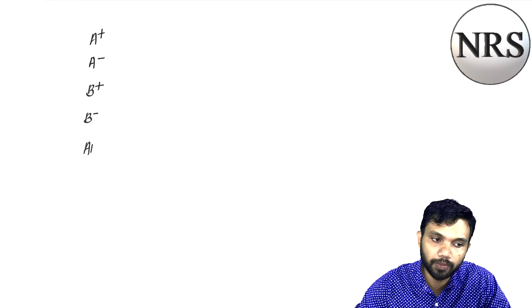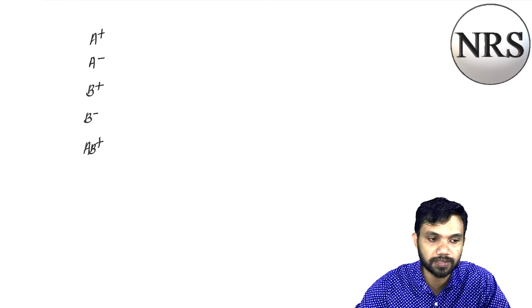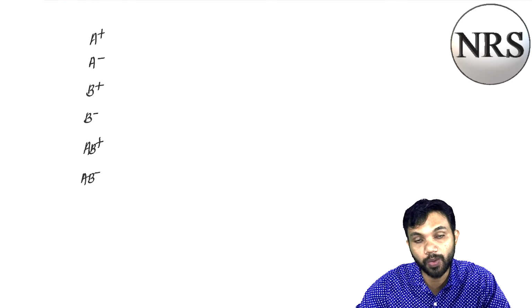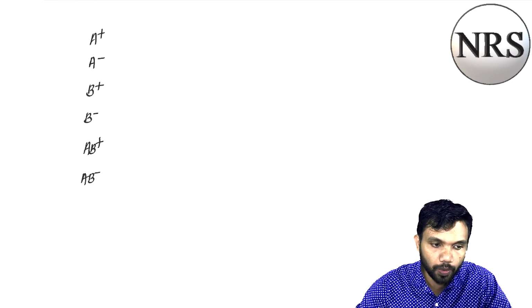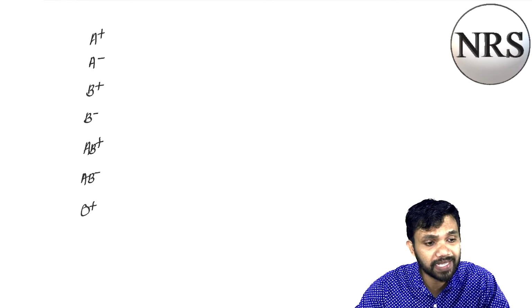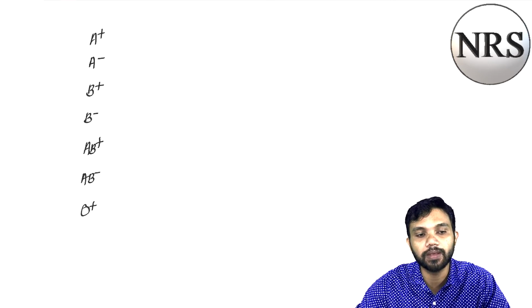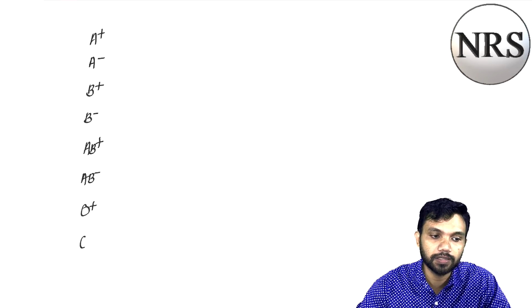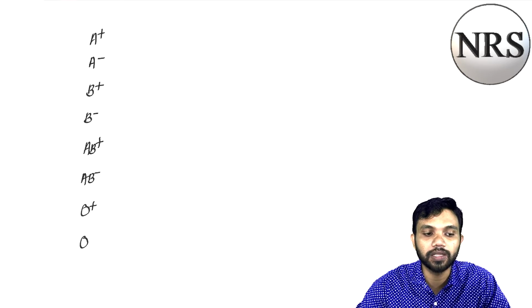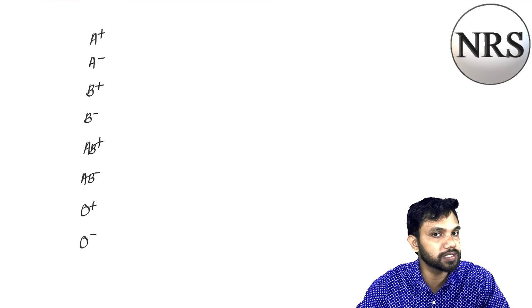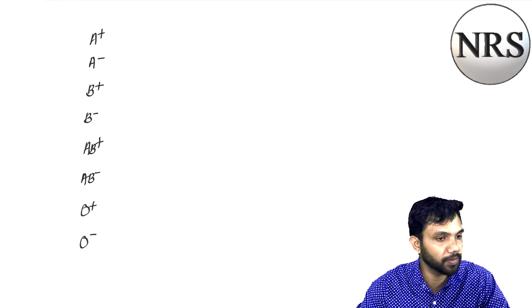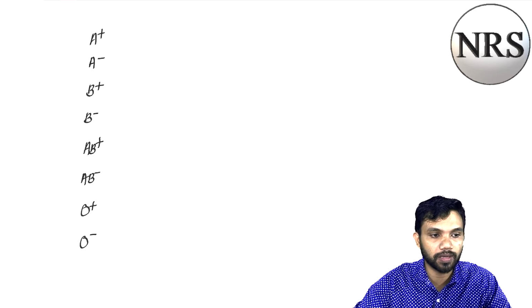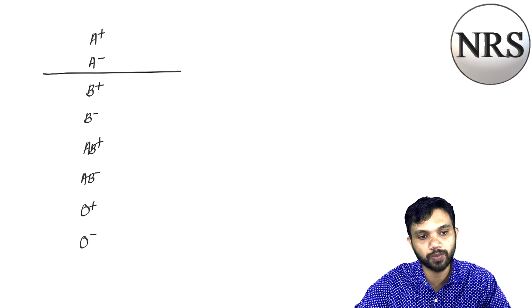AB positive, having RH antigen, AB negative, no RH antigen. O, they are not having any antigen, but they are having RH antigen, O positive. They are not having any antigen and they are not having RH antigen as well, O negative. So hope you got this one now.